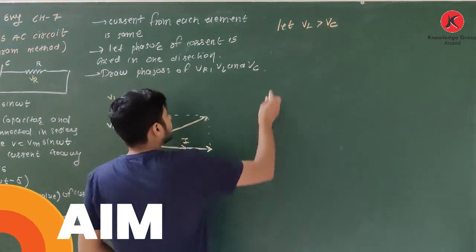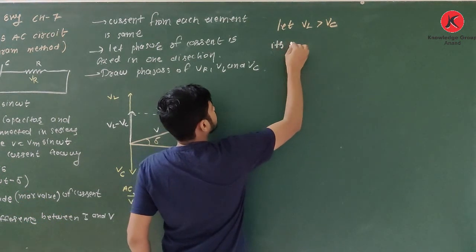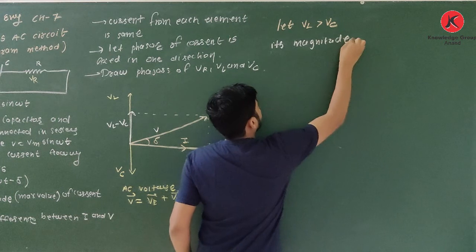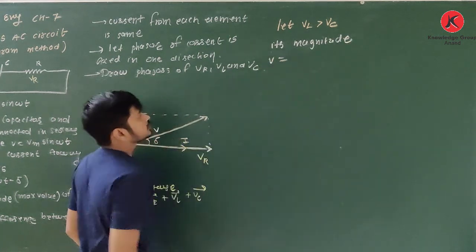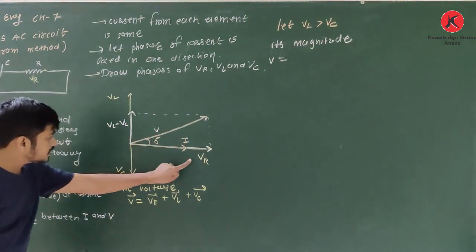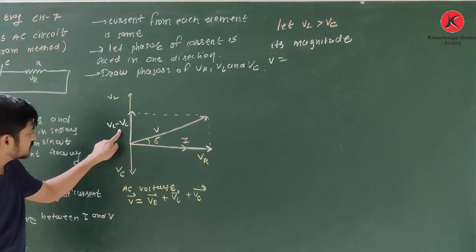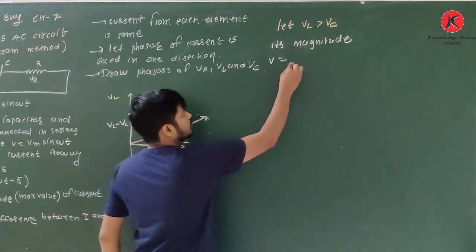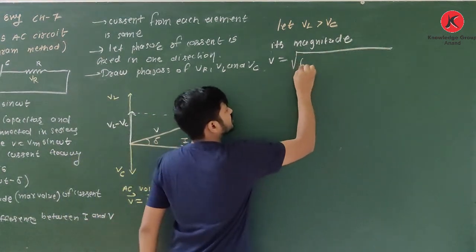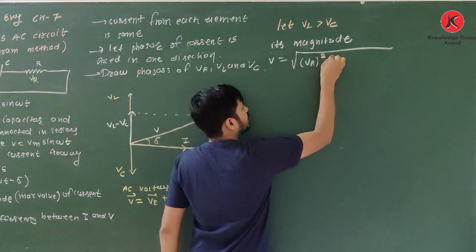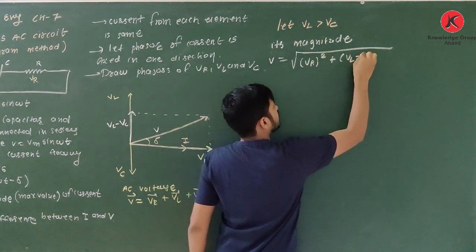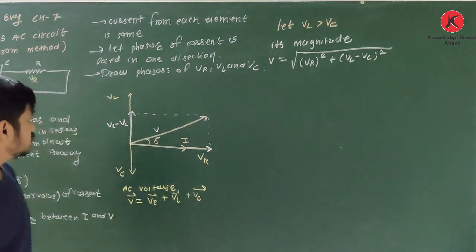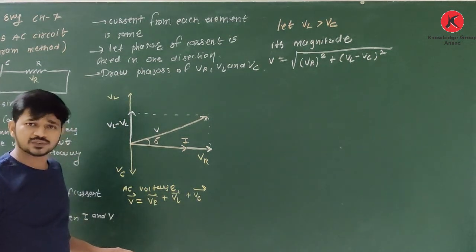The first vector is VR, another vector is VL minus VC, and the angle between them is 90. So remember the law of parallelogram. V is equal to under root VR square plus VL minus VC whole square. Clear about this?